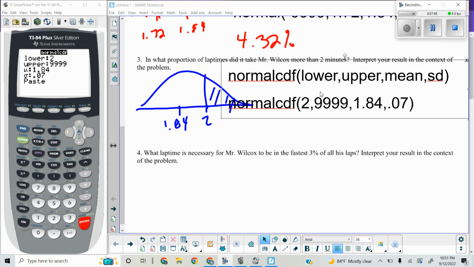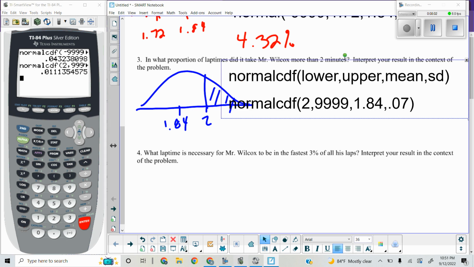So we'll use a positive 9,999. Same mean and same standard deviation. Enter. And that is approximately 1.11%. So in context, 1.11% of the lap times are more than 2 minutes.